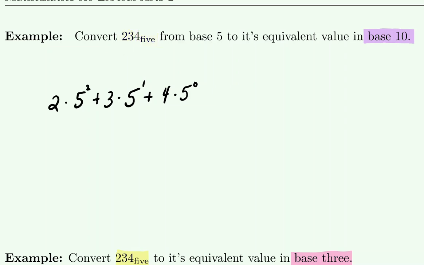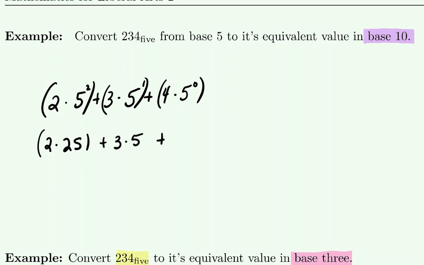And then what we're going to do is we're just going to simplify these 3 terms and then add them together. So 5 squared, we could rewrite this as 2 times 25. 5 to the first is just 5. 5 to the 0 is 1. So we could rewrite these as this, a little bit more simplification. 2 times 25 is 50. 3 times 5 is 15. 4 times 1 is 4.